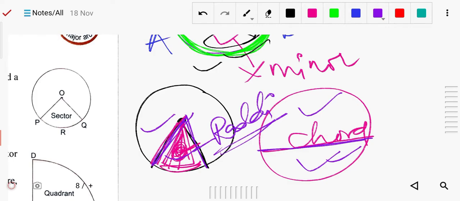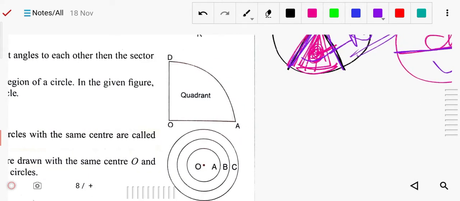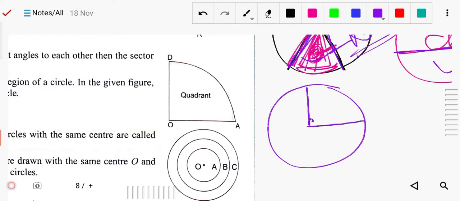Now next we have the quadrant. If the two radii are at right angles to each other, then the sector is called the quadrant of the circle. It means if this is your circle, and one radius is here and one radius is here, and they form a 90-degree angle, this portion is called the quadrant.